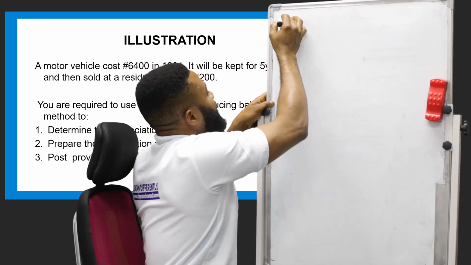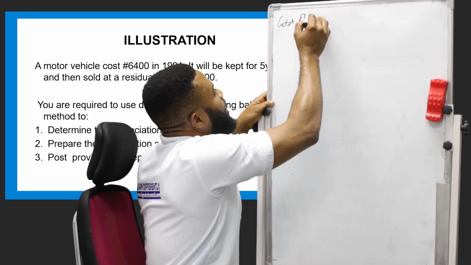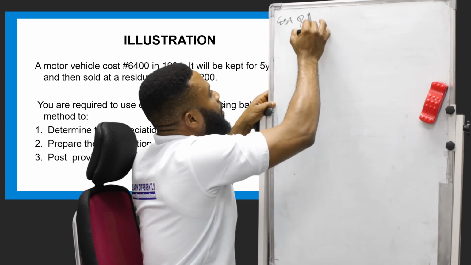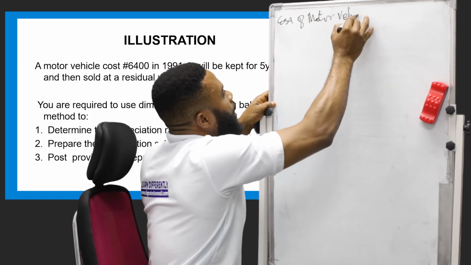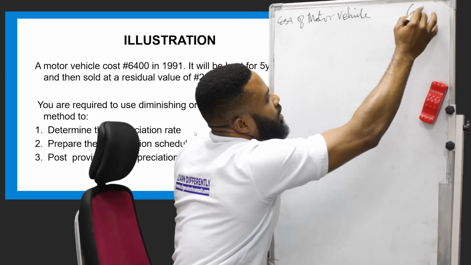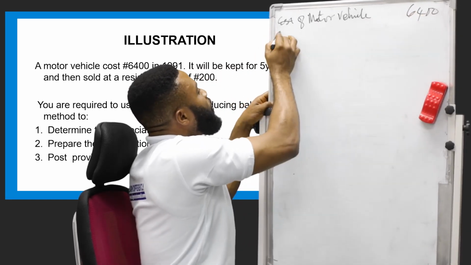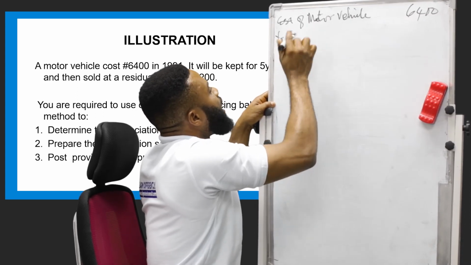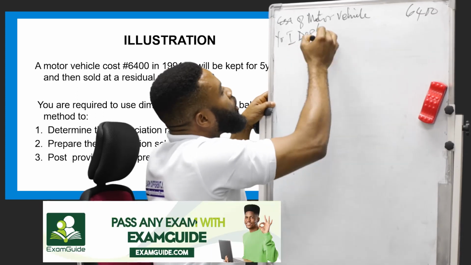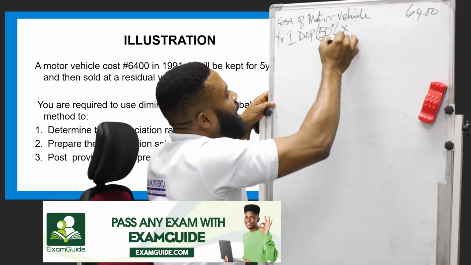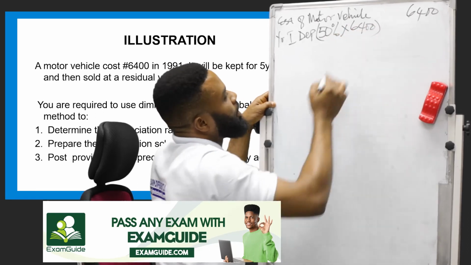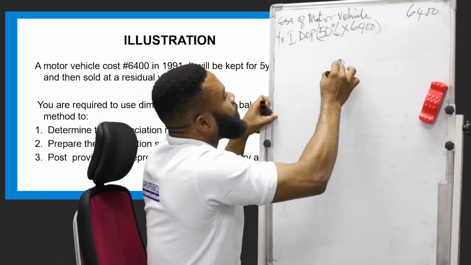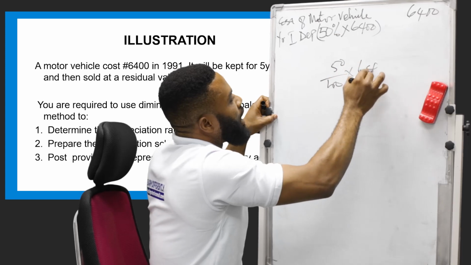The cost of the asset, or just write motor vehicle, cost of motor vehicle is how much? Is 6,400. Now, for year one, your depreciation for year one is going to be the 50% that we have calculated times 6,400. 50% times 6,400 is simply 50 over 100 times what? 6,400.